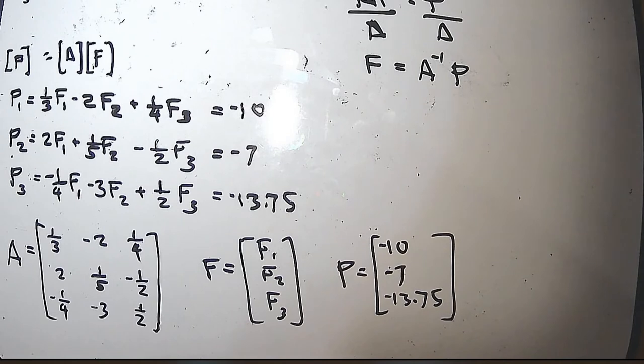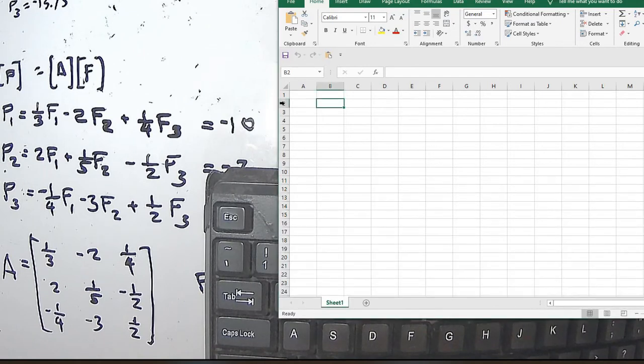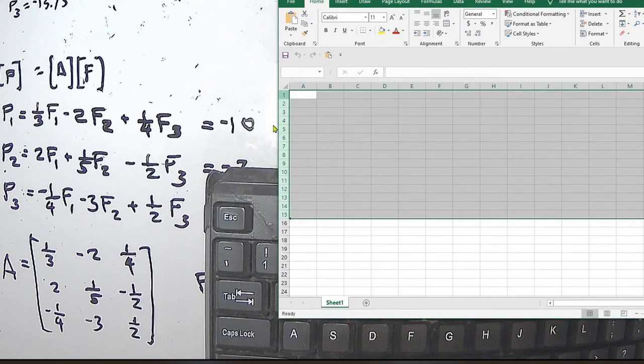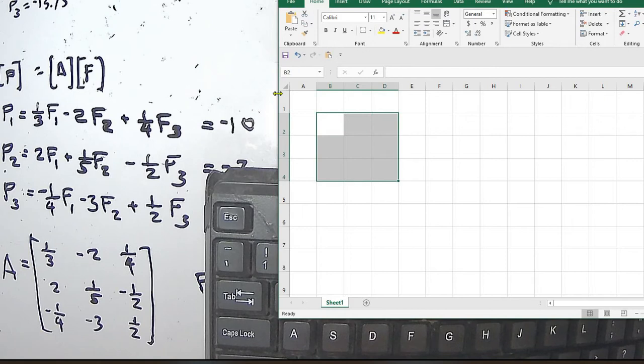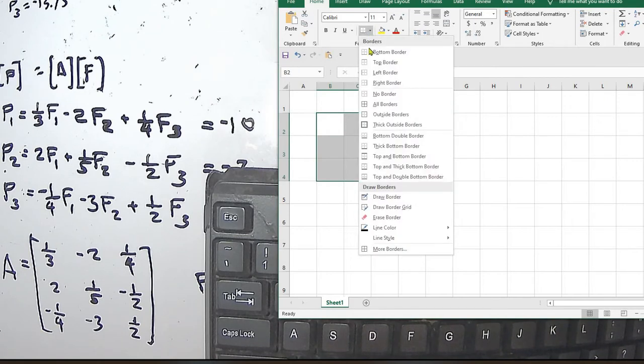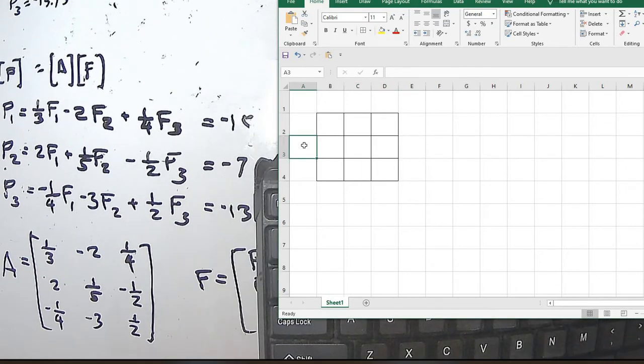Ngayon, ipapasok na natin yan sa Excel. Okay, so i-adjust ko lang ito para makita na malaki. And then, box ko lang yan. So, let's take this as A. And then, pasok natin yung ating A matrix.